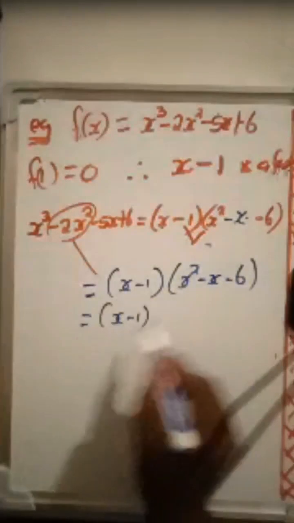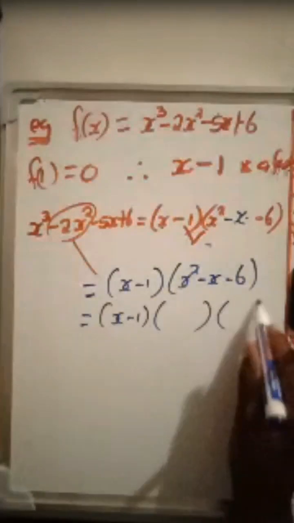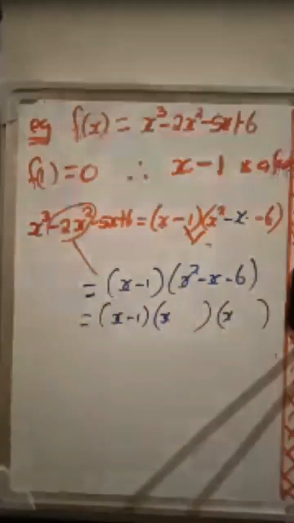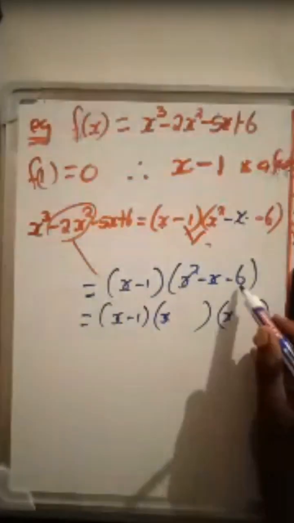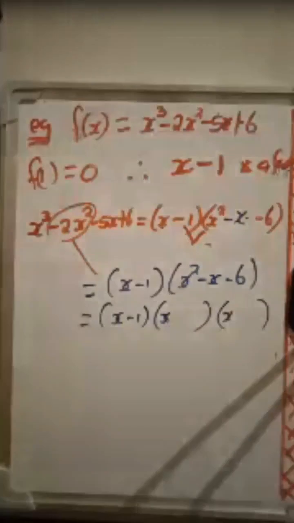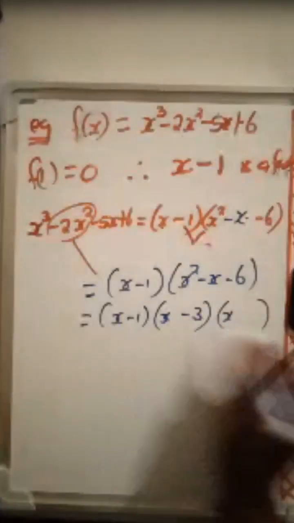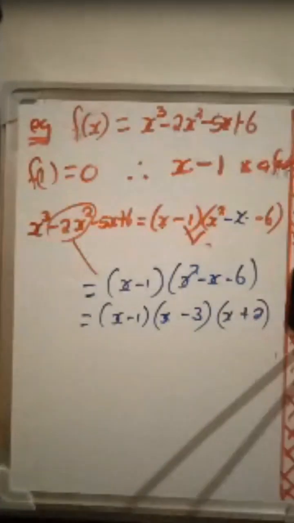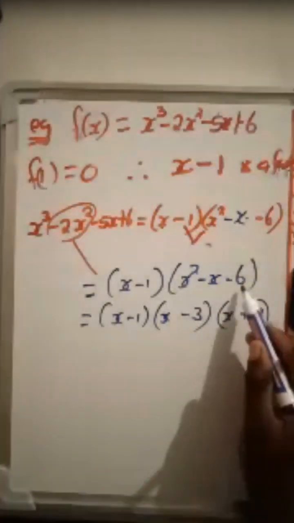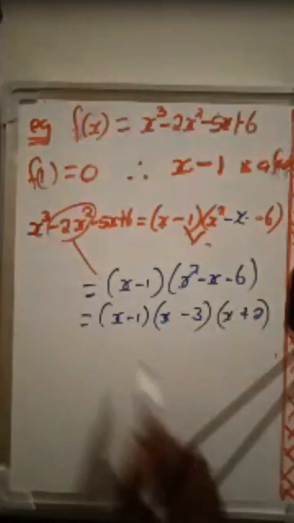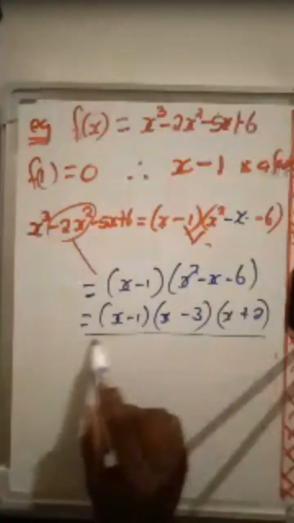In brackets there, we have x, two numbers that if we multiply, they give us negative 6, but if we add, they give us negative 1. That is going to be negative 3 and positive 2. Negative 3 times 2 is negative 6, negative 3 plus 2 gives us negative 1. So we have fully factorized it.